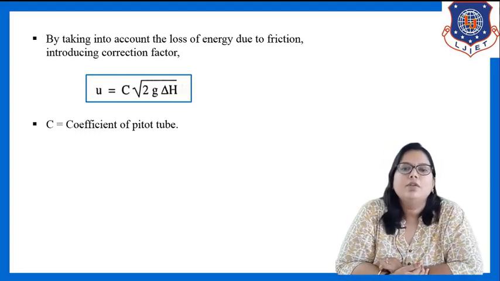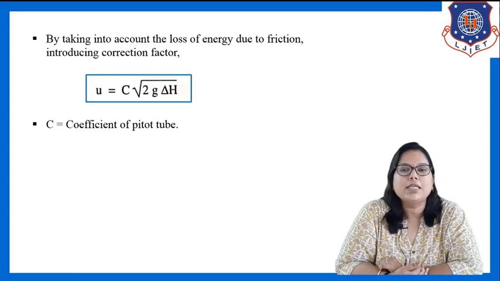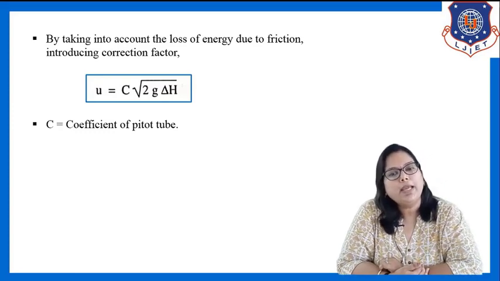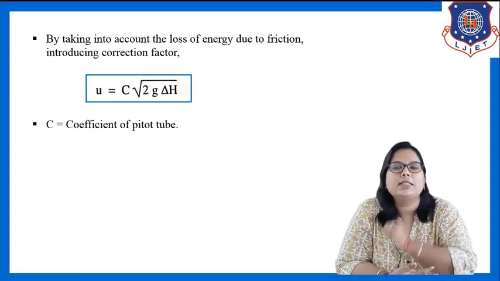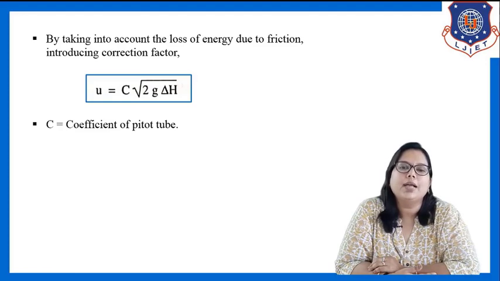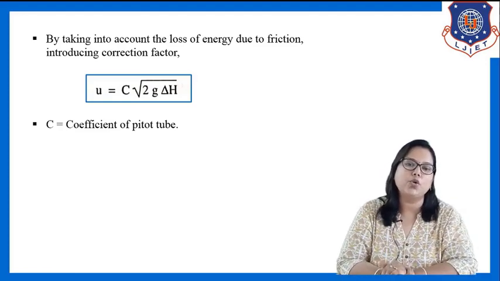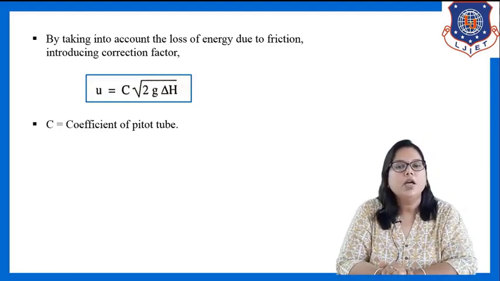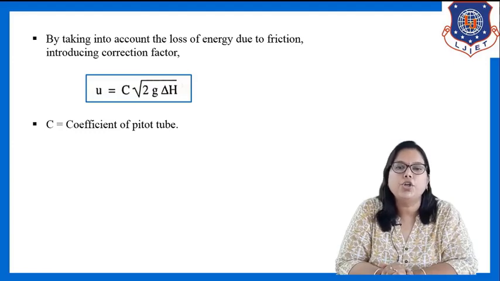Capital Q, which is the volumetric flow rate, Q is equal to u into A. u is this C under root 2g delta H. So, by using this equation, I can easily calculate the flow rate of the fluid flowing through the Pitot tube.